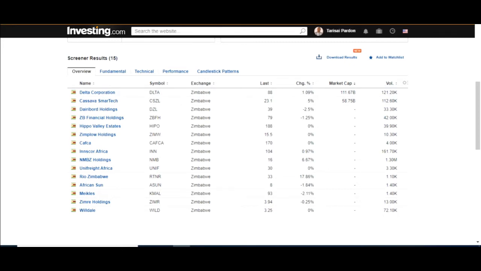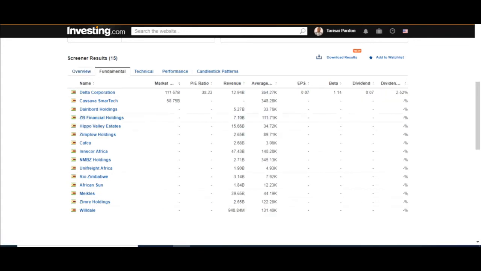Why I have been avoiding the fundamental tab, as you can see here on the market capitalization tab, there is no information, and this is going to mislead me if I try to use the market capitalization criteria for screening my counters.